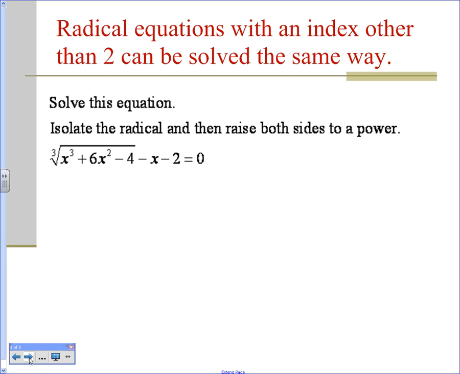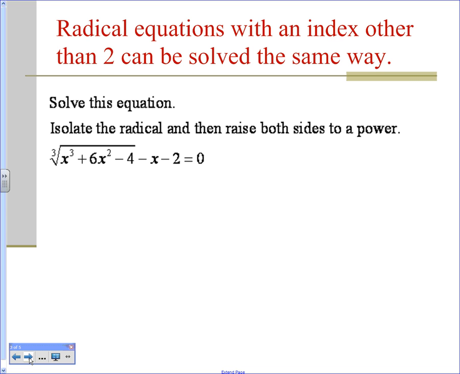What's different about it? Okay, it's a cube root for one. What else? It's got a lot more terms, right? Yeah, it's a cube root.